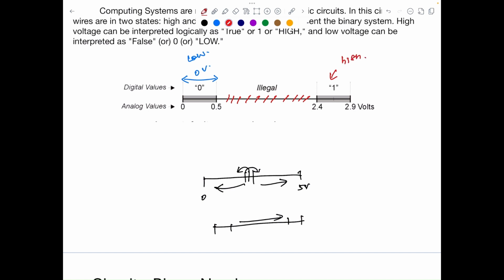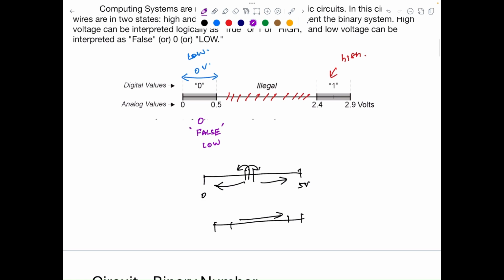Logically, we represent these states as zero, or false, or low. They all represent the same value or same state. In the case of high, we say it is logically one, or true, or high.